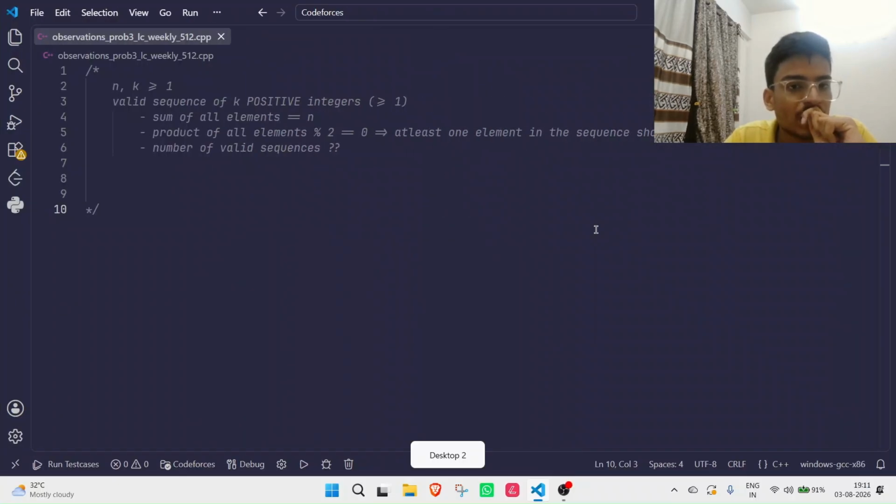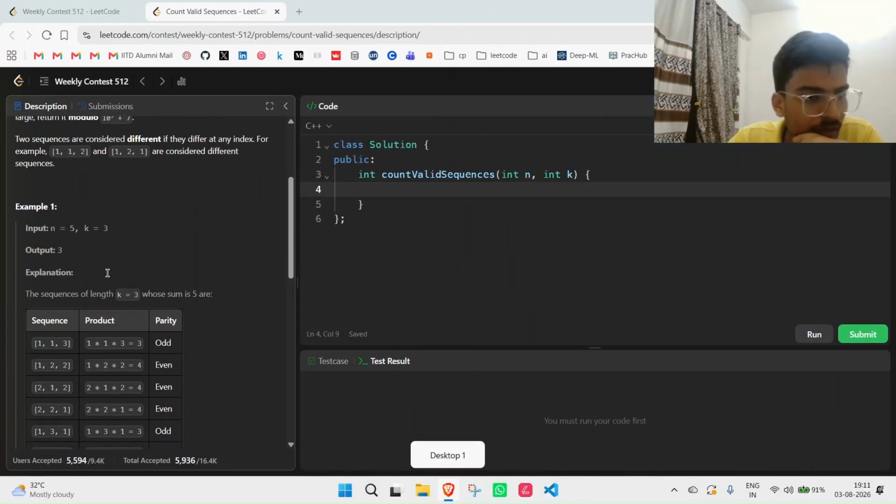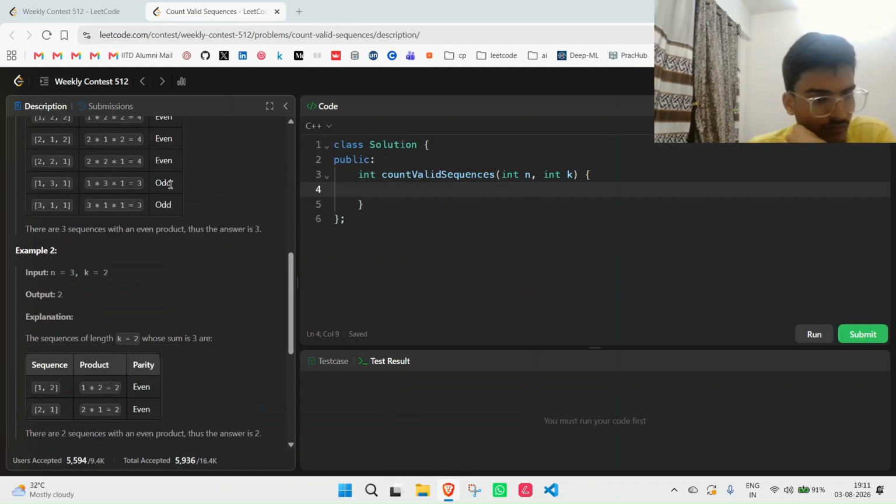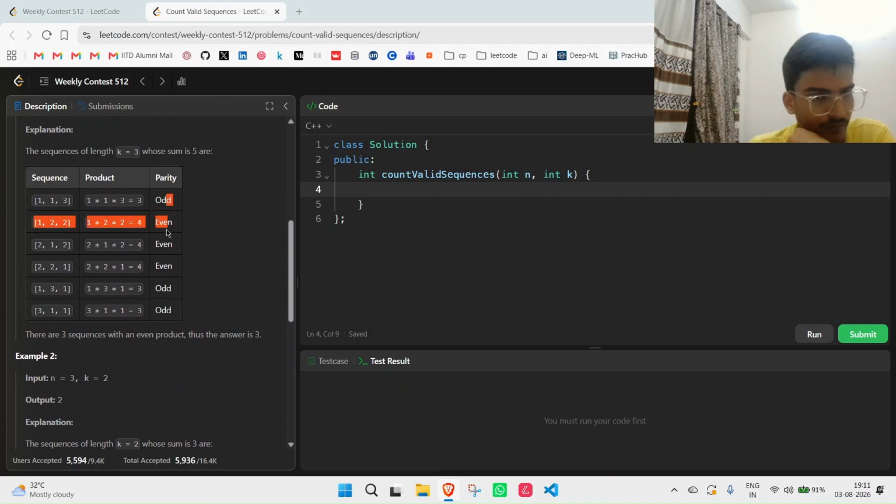Count the number of such sequences. N equal to 5 and k equal to 3. Sequences of length 3 whose sum is 5 are 1 1 3 and so on. We have taken three answers.